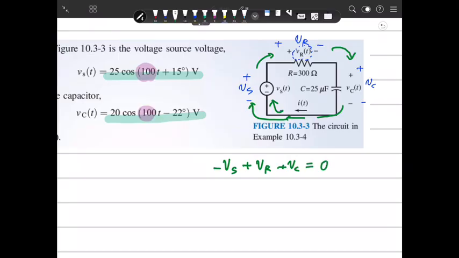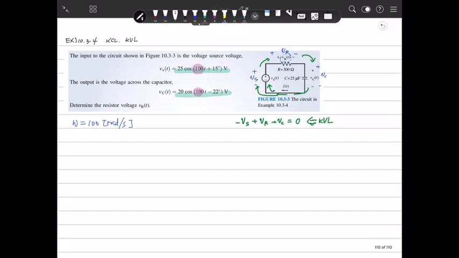Then there will be 0. This is the KVL here.